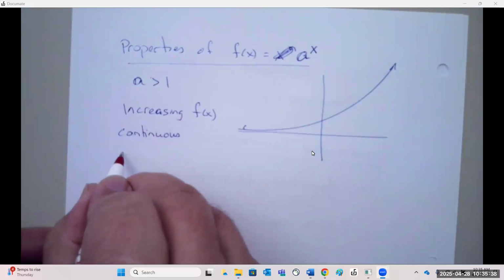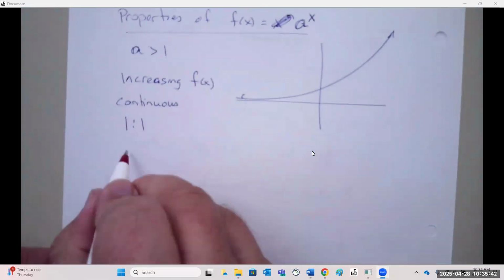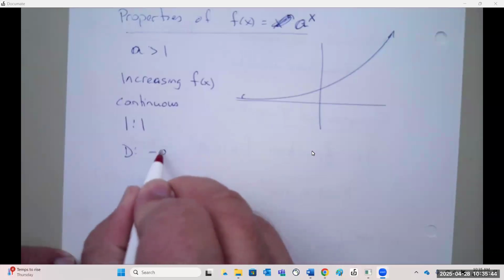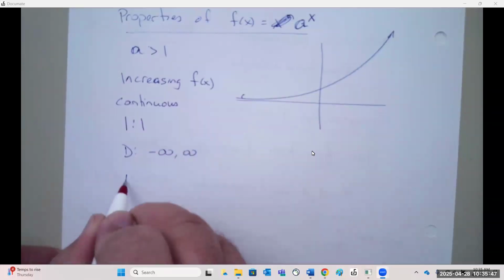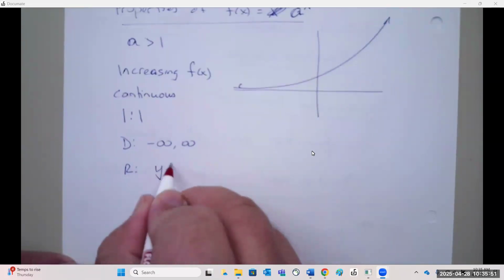Continuous. Passes the one-to-one test. Domain is negative infinity to positive infinity. The range is greater than 0, can never equal 0.